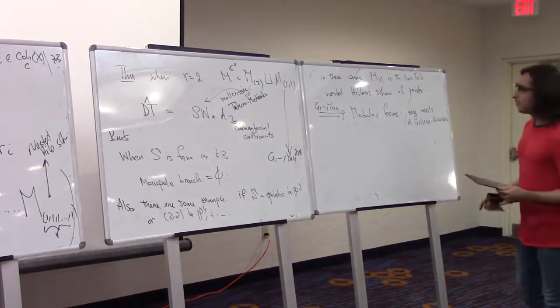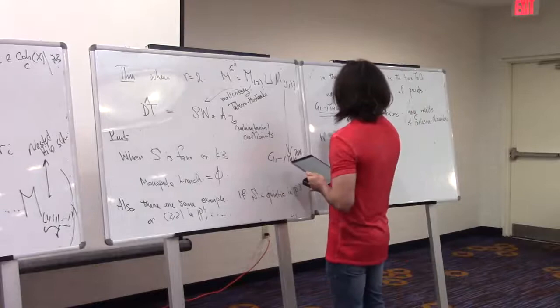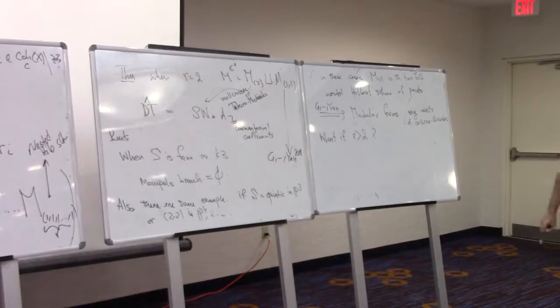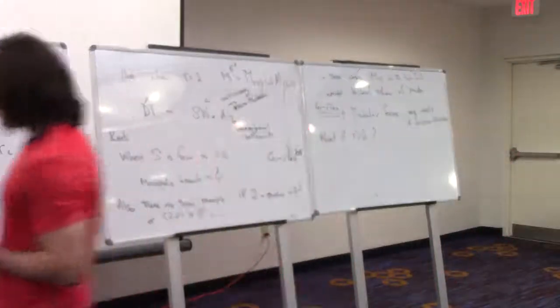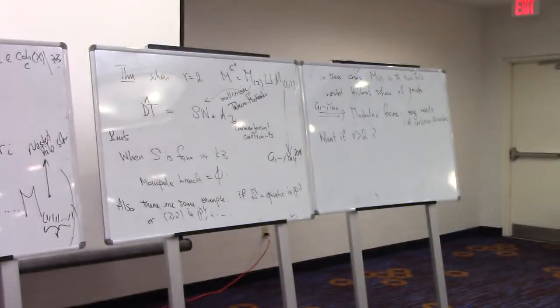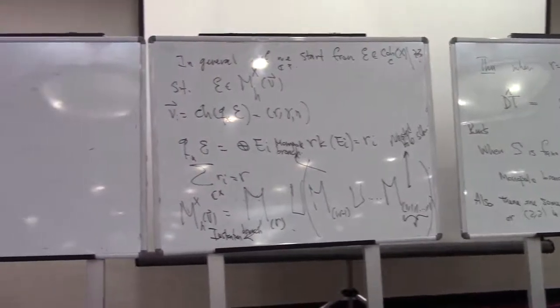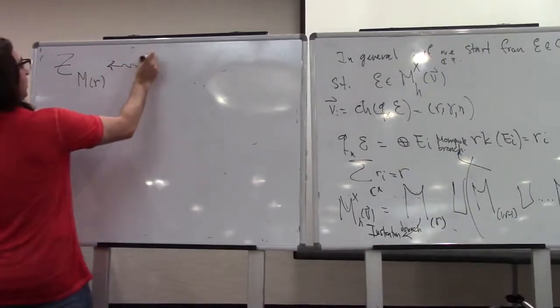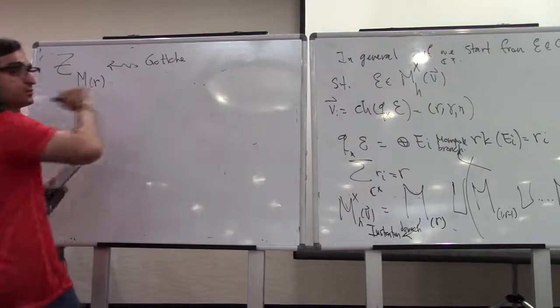Okay. So how about higher rank now? So what if R is bigger than 2? In that case, you have again this decomposition in terms of partitions of the rank. So you have this guy. And two of the people who have had the most progress over this locus are Gholampour and Kool. So for the partition function of the instanton branch, Gholampour and Kool have verified lots of interesting properties.